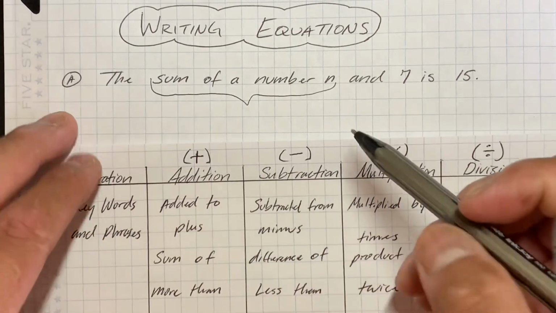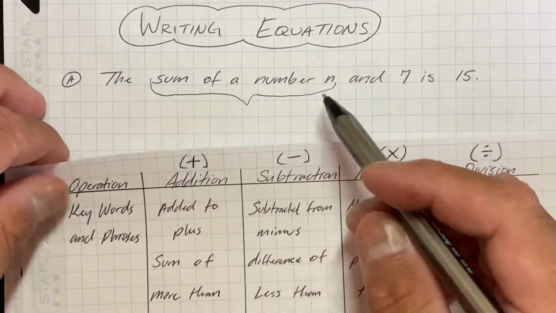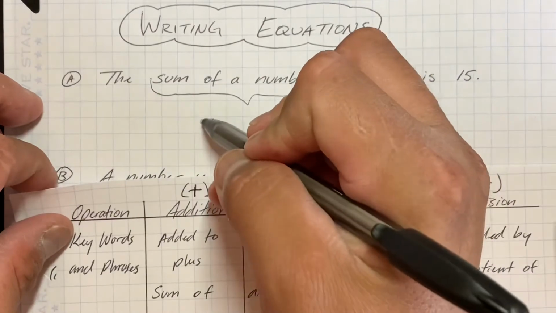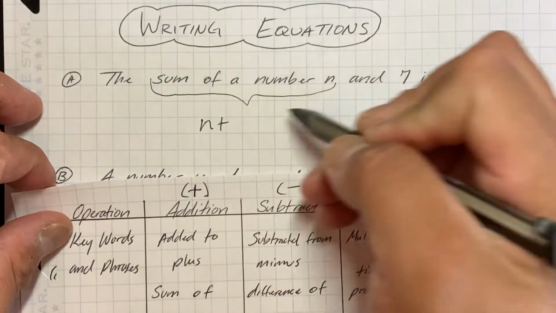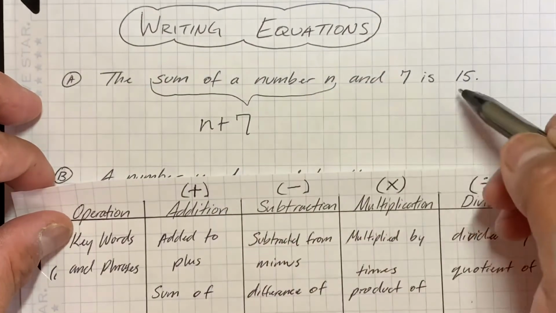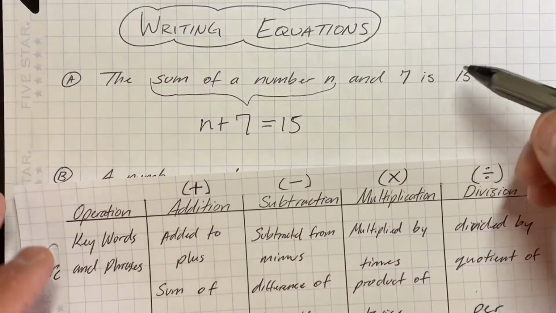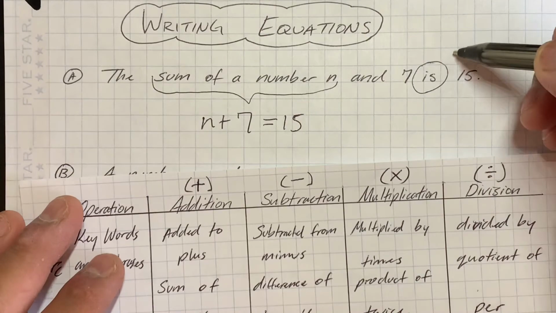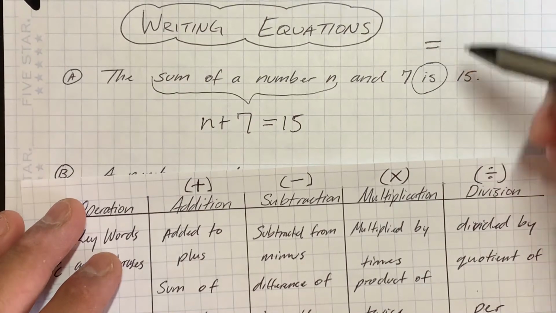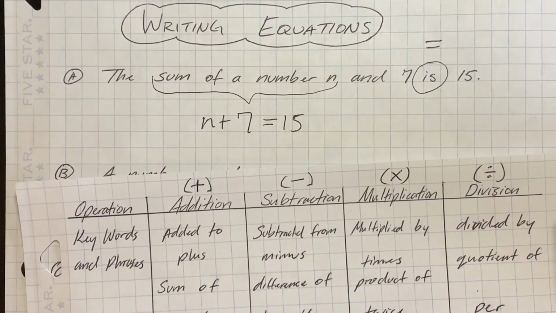We don't know what n is, but that's a variable n. Whatever n is, we're going to add that to 7, and that is going to equal 15. Now, in mathematics, the word is is basically an equal sign. Anytime you see the word is, that denotes an equal sign.